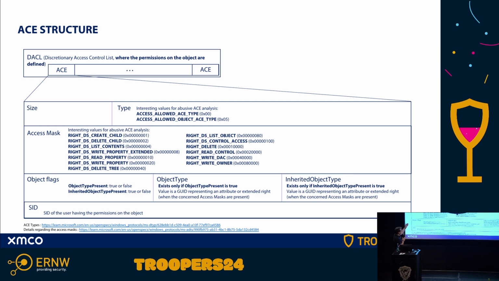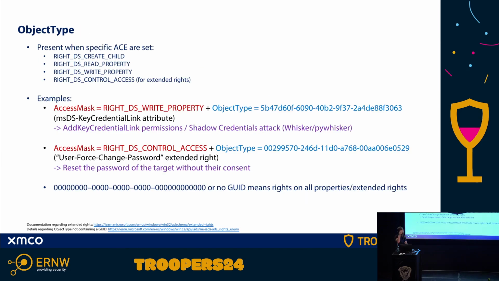There is an access mask which contains the actual permissions that are set on the object, and there are some object flags. And finally, the SID of the object that has the permission on the object that you are analyzing. So let's take a look at the object types. Basically, there are GUIDs, and they are present only where some specific ACEs are set, for example ReadProperty, WriteProperty, or ControlAccess.